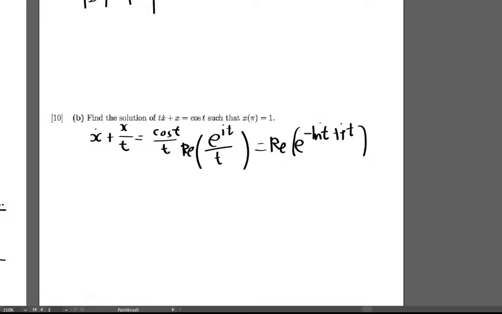Wait, what? No, wait. This thing makes things a bit much more complicated. Man, I cannot. Oh no. This is the worst case scenario. Oh, it's t to the power of negative 1.